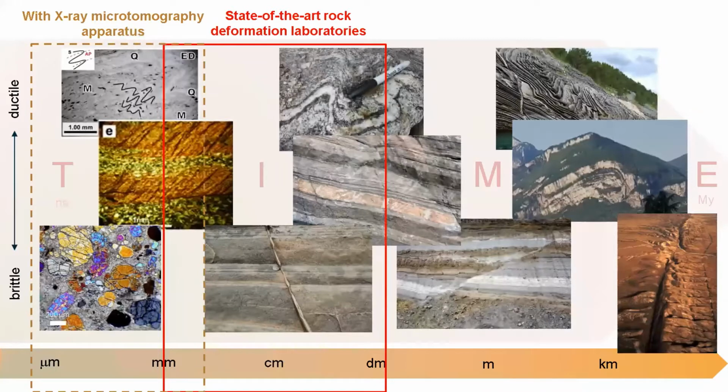Now, getting back to these patterns, what is interesting here is that I've highlighted two boxes, and these boxes are bracketing what is here identified as the state-of-the-art rock deformation laboratory. So basically, a rock deformation laboratory will have something that is able to handle samples from a few millimeters to just about 10 centimeters, and will be able to reproduce that kind of deformation.